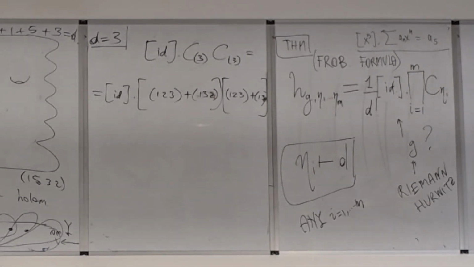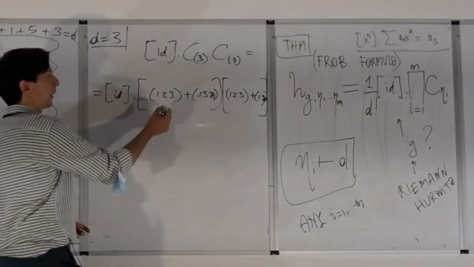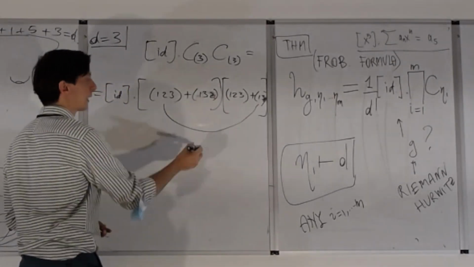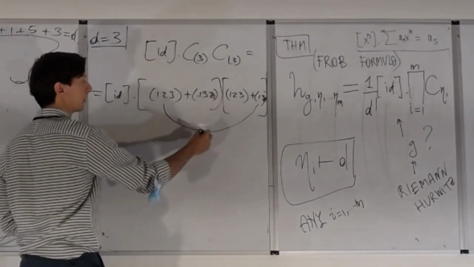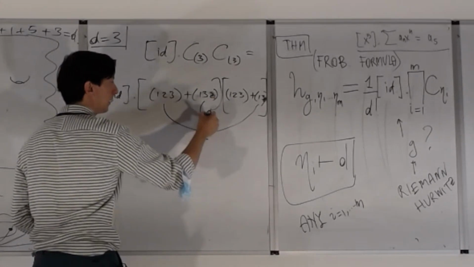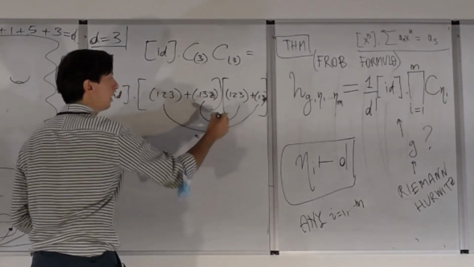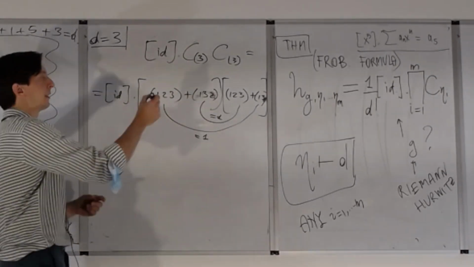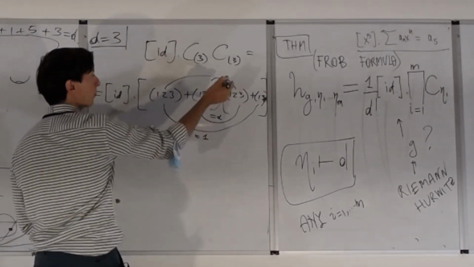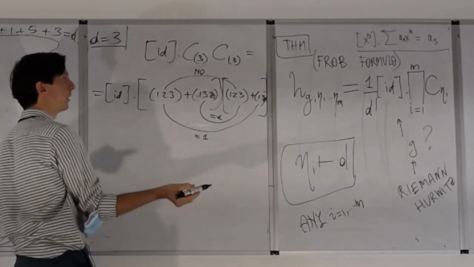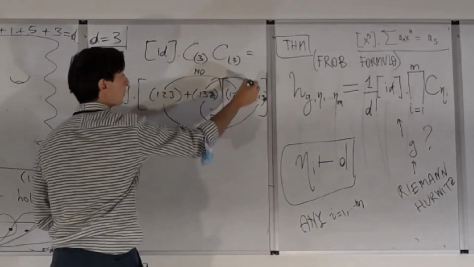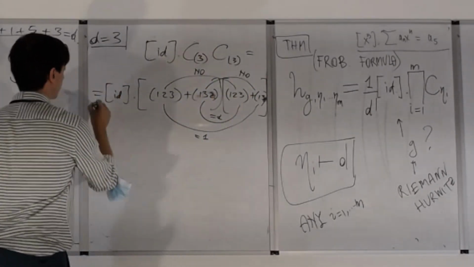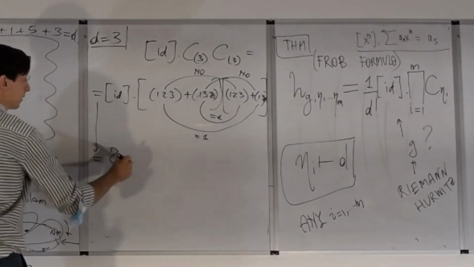Yeah. So if I take this one times this one, that gives me the identity, right? And if I take this one times this one, I also get the identity because they are inverses of each other. But if I take the mixed ones, no, I don't get the identity. So I have 2.